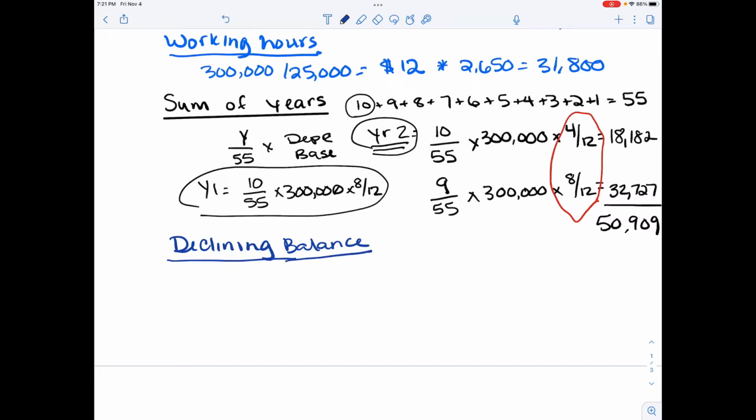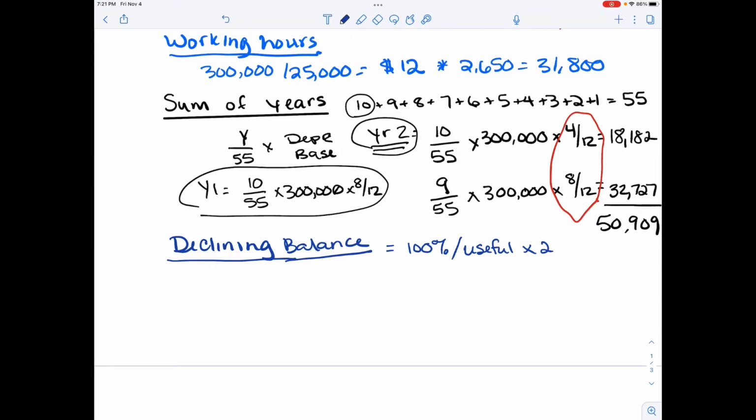For the declining balance method, we also need some equations here. You have to find a depreciation rate where you take 100%. We're going to divide that by the useful life. And because this is double, we times that by 2.